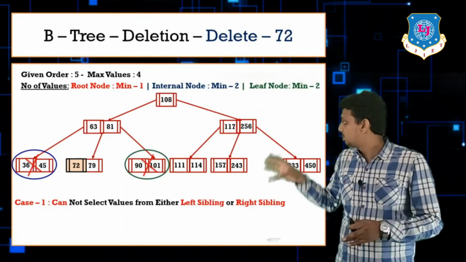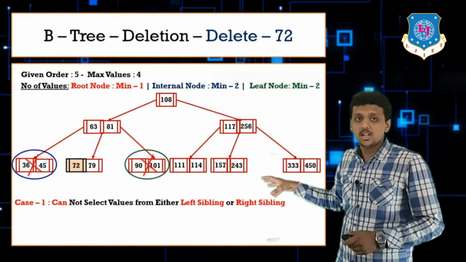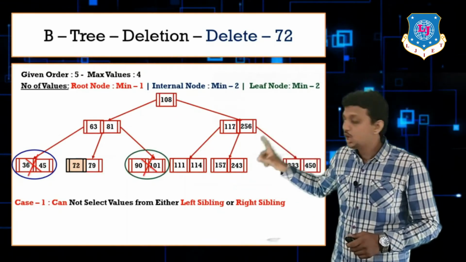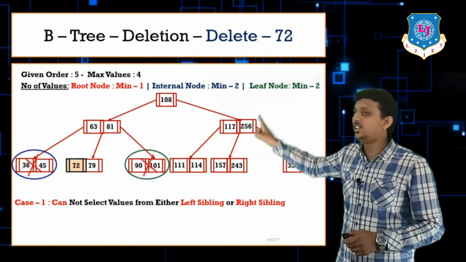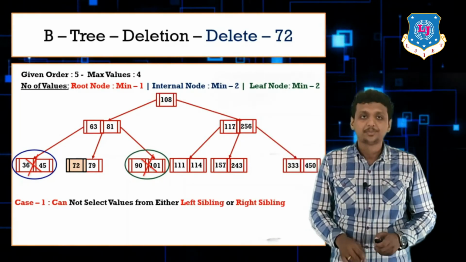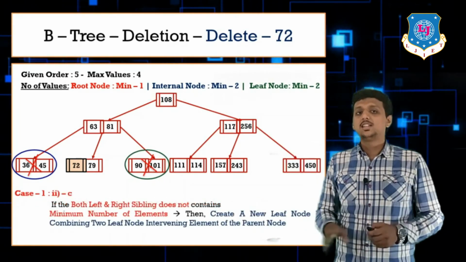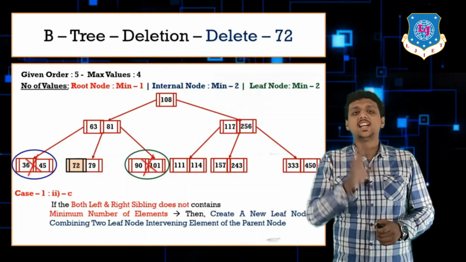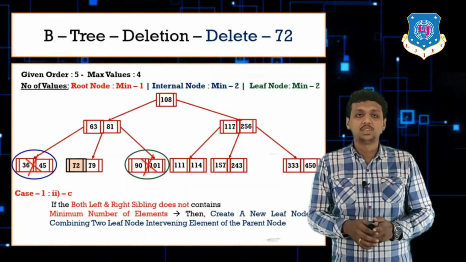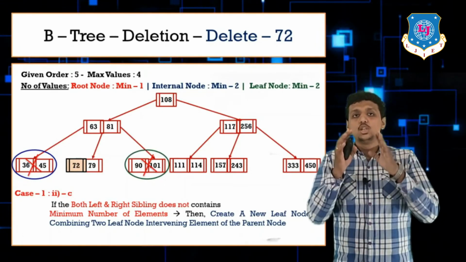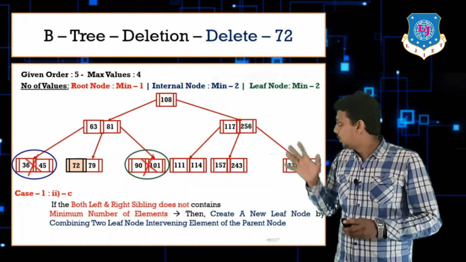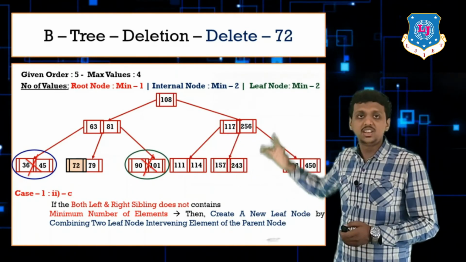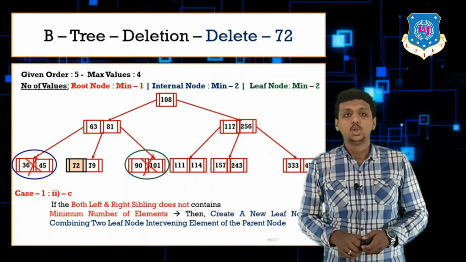It tries to merge with its left sibling and the intervening value of the parent node, or the right sibling and the intervening value of the parent node. This is case 2C, students: if both left and right siblings do not have more than the minimum number of key values, then the node should combine with either sibling along with the intervening value from the parent node.